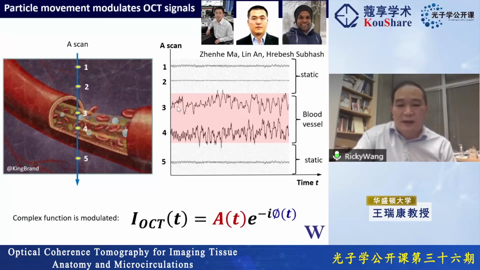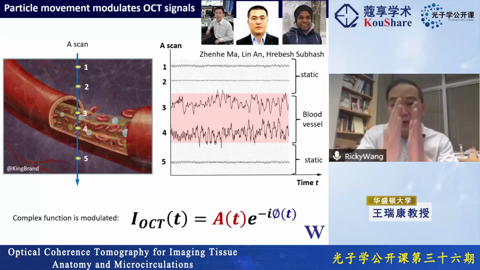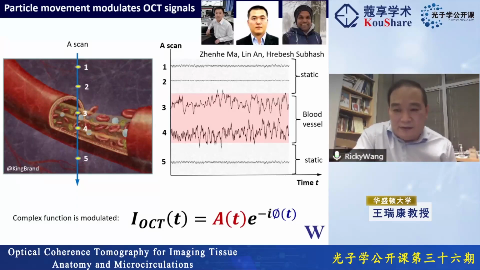However, in the blood vessel, your signal after the differentiation cannot be canceled out. So you do a differentiation and you get this A-scan, and that differentiation gives you the location of the blood flow. That's the principle of how OCT is used to look at blood flow.